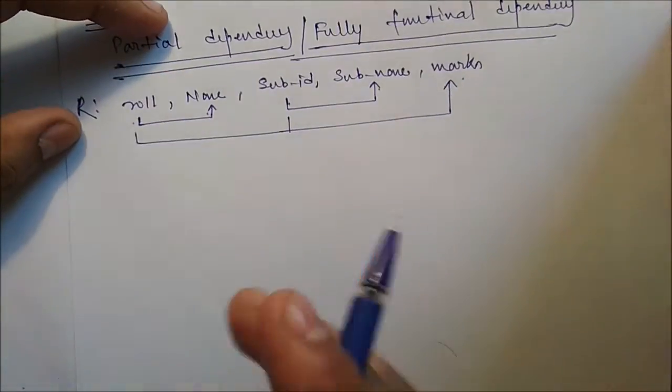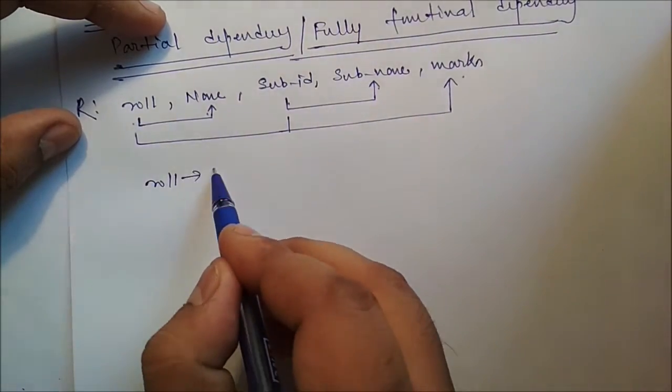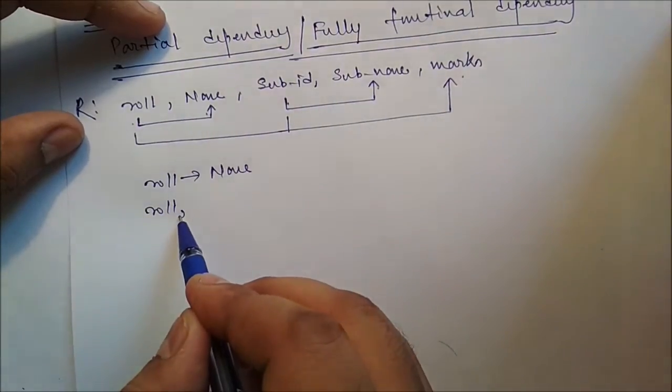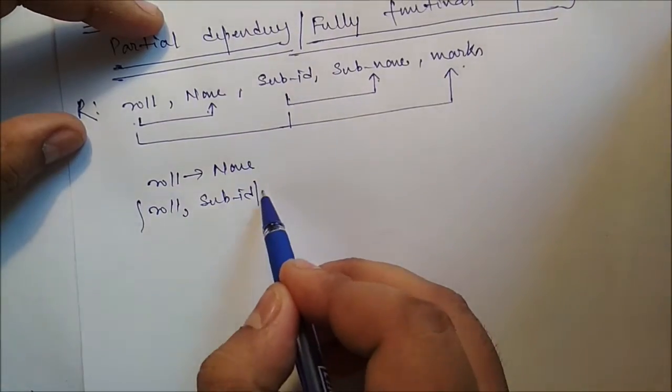Now, what does that mean? From roll number we can identify the name, and from roll number and subject ID also we can identify the name.